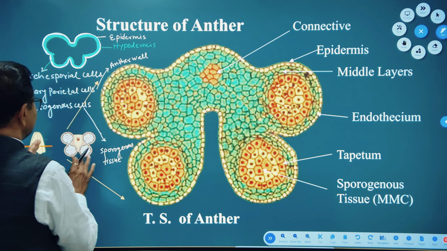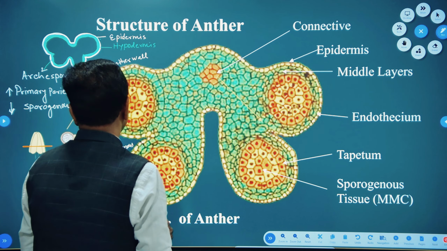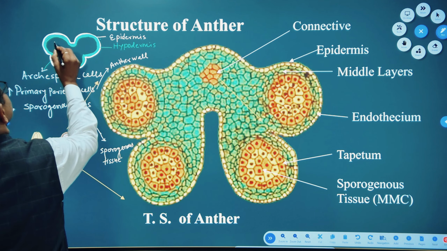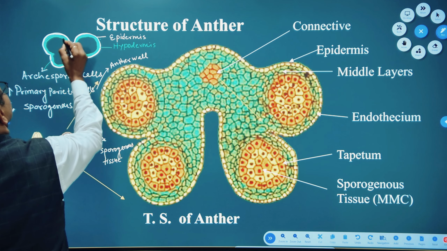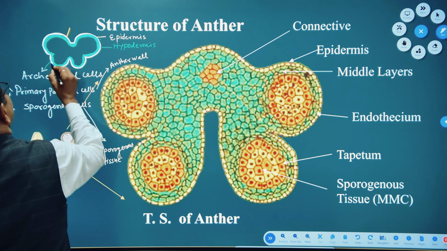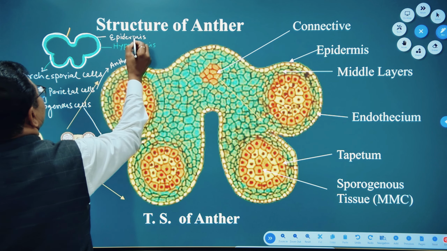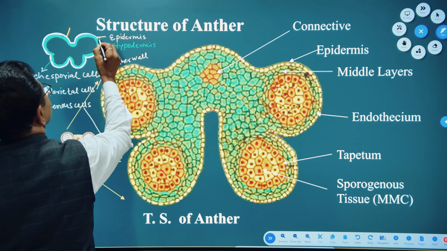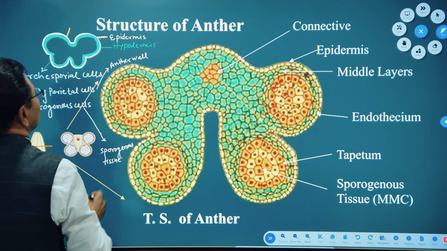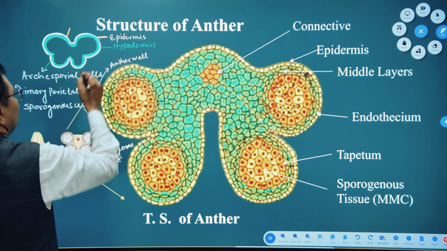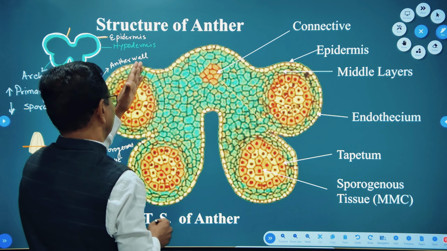When you take a transverse section of the anther, it shows the epidermis and inner layers. The outer layer you can see is the epidermis, and just beneath the epidermis you can see the hypodermis.